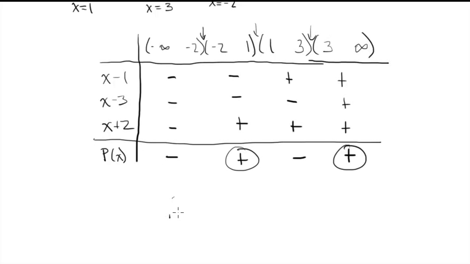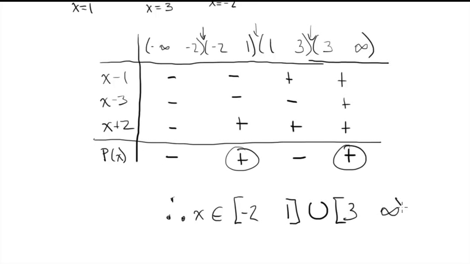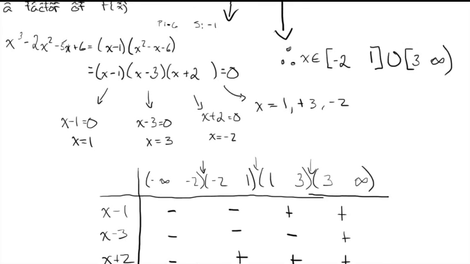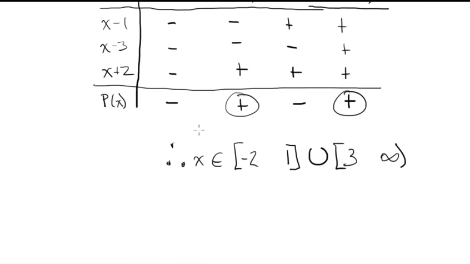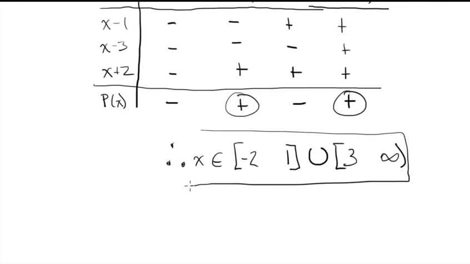So therefore, x is in the intervals from negative 2 to 1, including both negative 2 and 1, and from 3 to infinity, including 3. So looking at this interval, looking at this interval, same answers, just different method. Okay, so whichever method you like is fine.